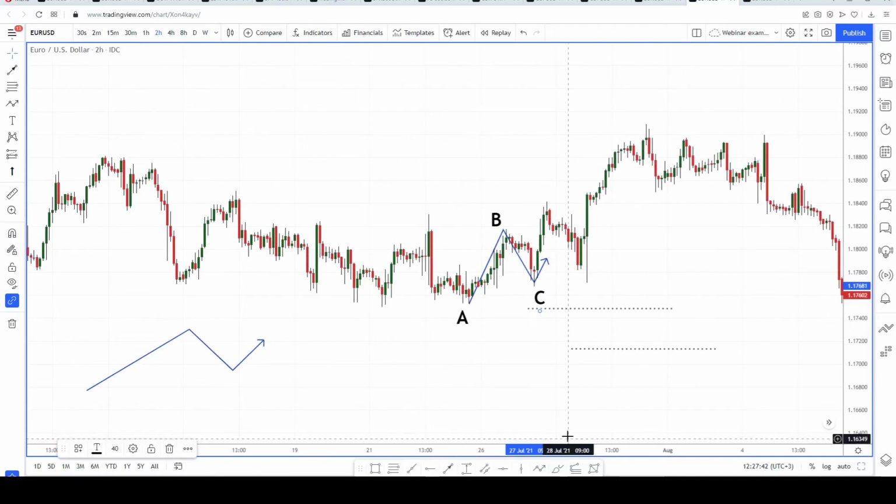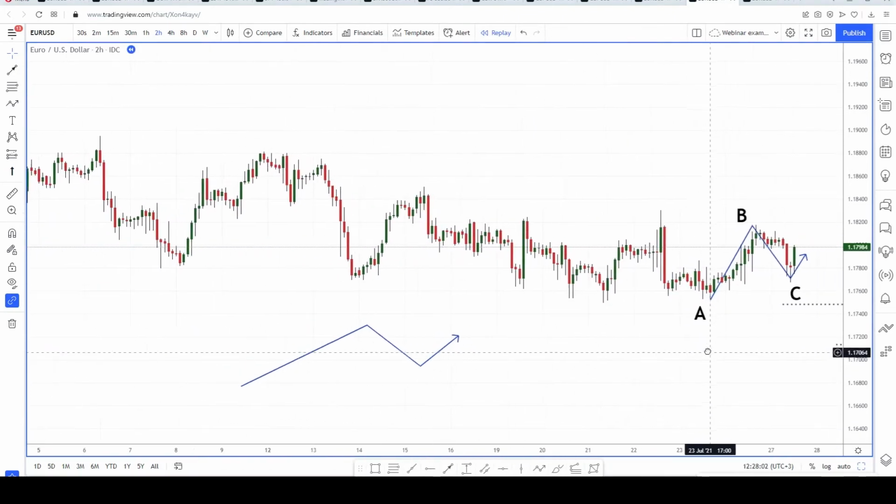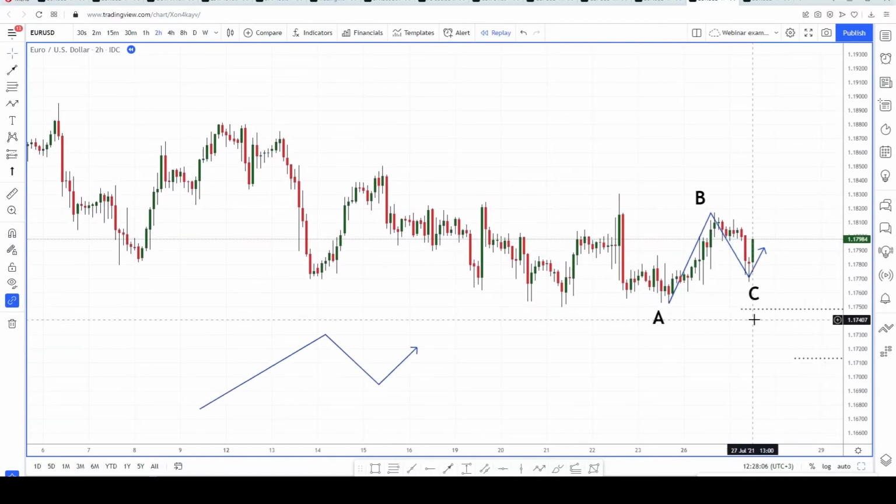Now, it is a little easier when we're looking at historical prices, and like I said, it's going to be a little more challenging when you're doing this with live prices. But just to make this look a little bit like a live situation, I'm using this tool here that allows us to go back to when the price was here.